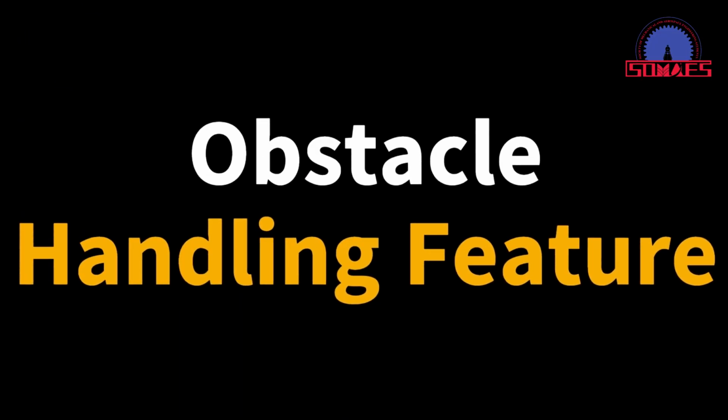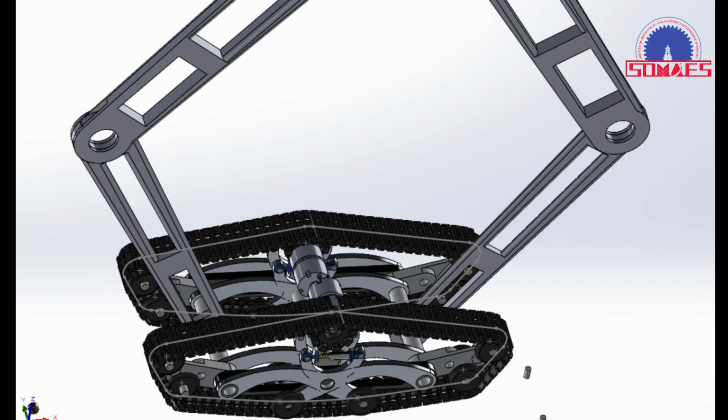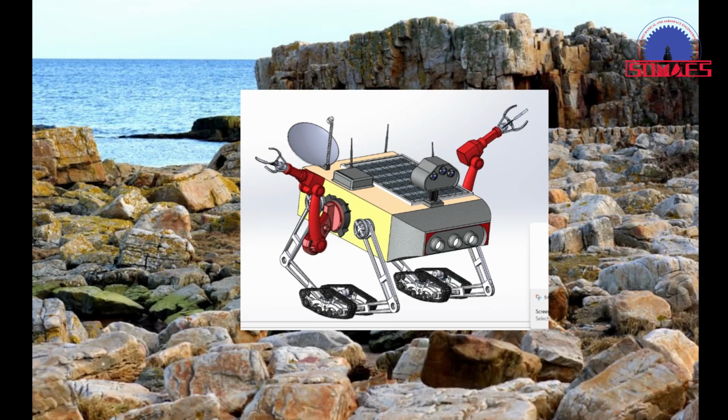Our robot also has obstacle handling features. The first obstacle handling feature that we have incorporated is the extendable arms or extendable legs. These legs are able to clear obstructions up to 25 centimeters, because generally we have observed that 25 centimeters is the general level of obstructions in these areas.